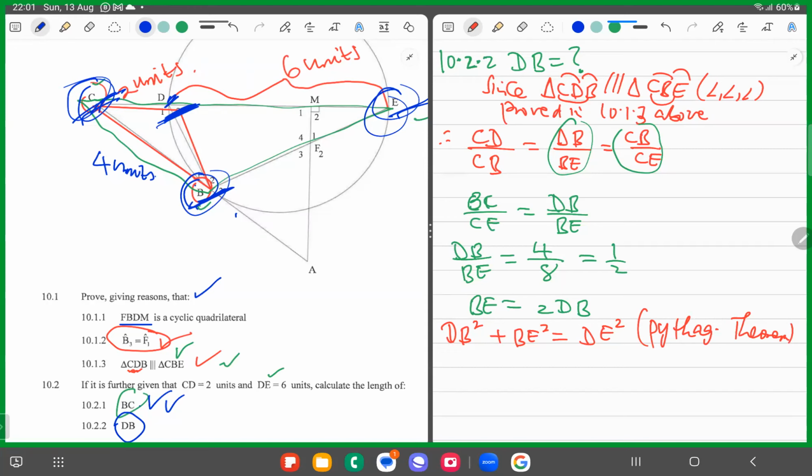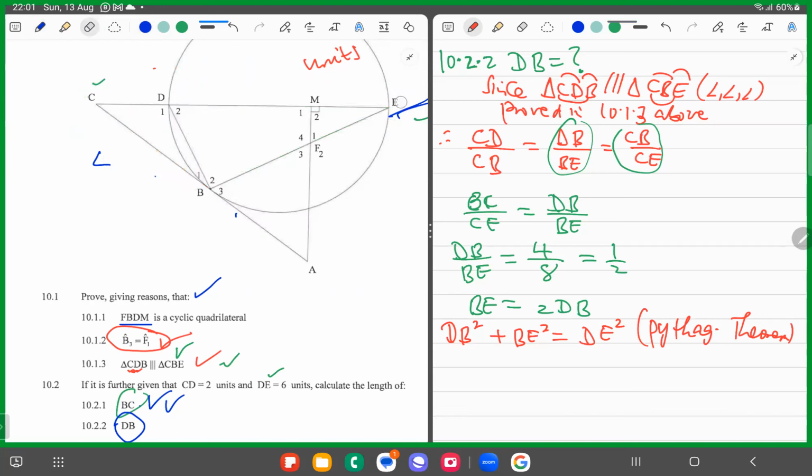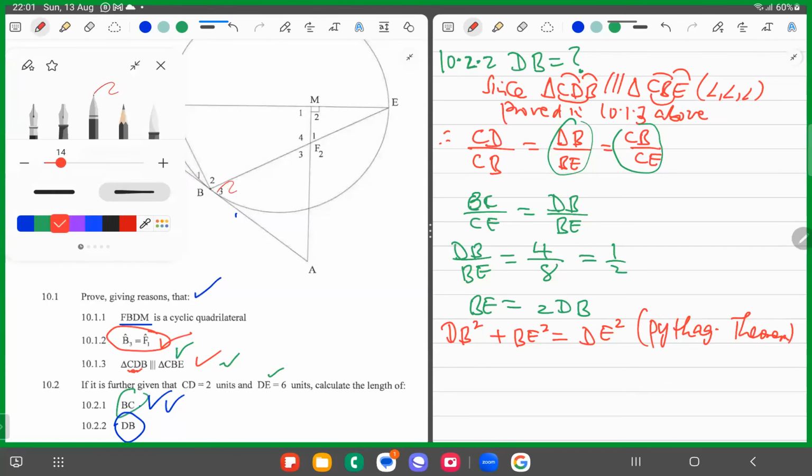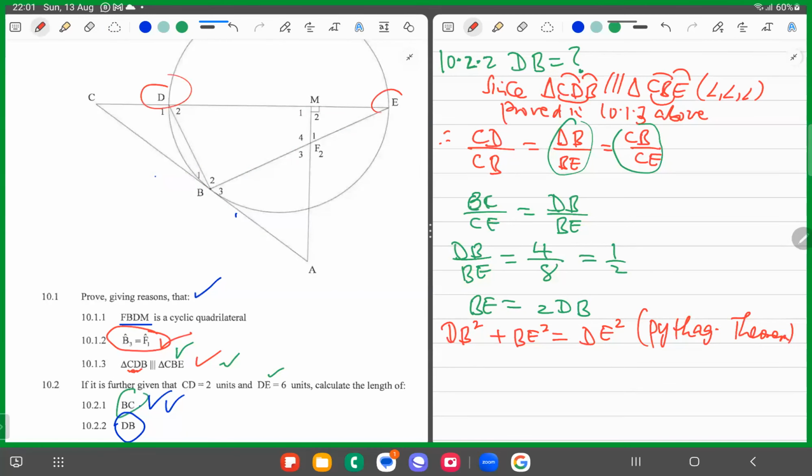So you get the shape again, make sure you understand this. That's DE squared. This is a right angle triangle because it's an angle in a semicircle subtended by a diameter.